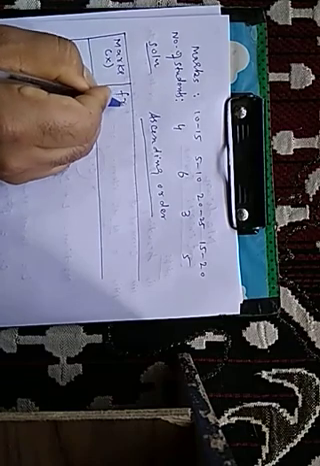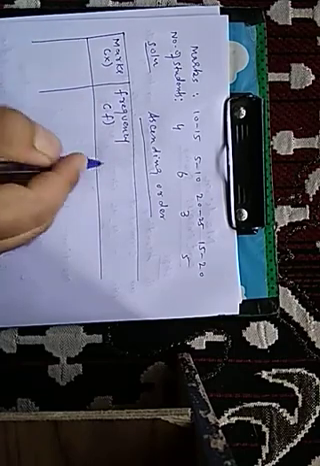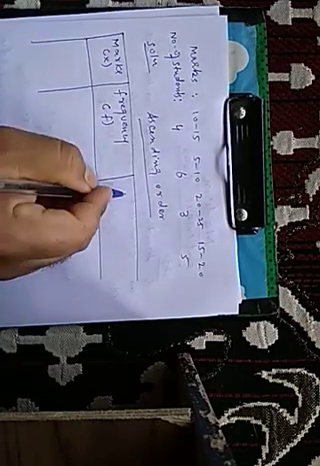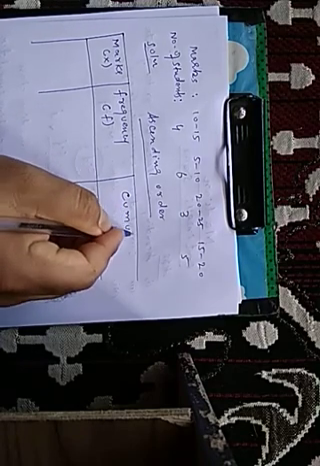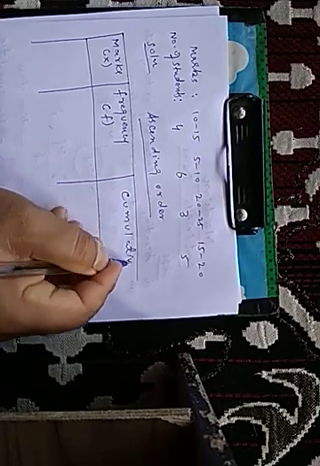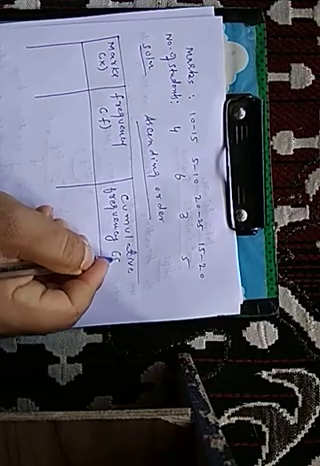Therefore in place of number of students we can write frequency denoted by F. And in the last column we have to obtain values of cumulative frequency. In short, we can write it as CF.